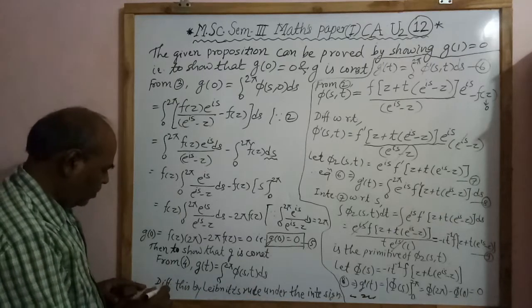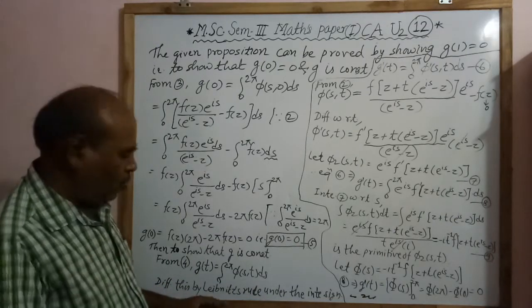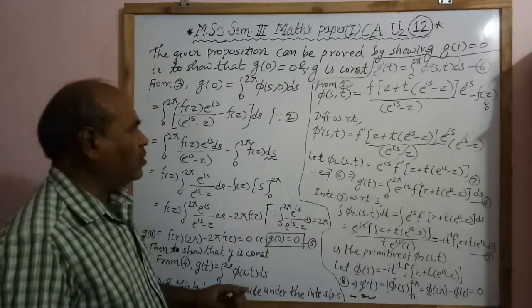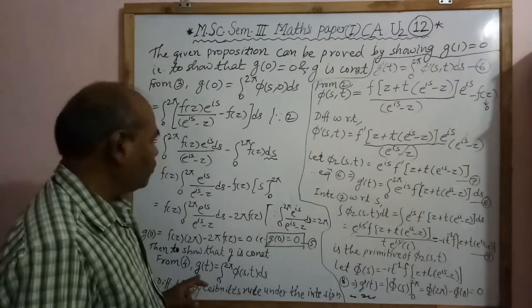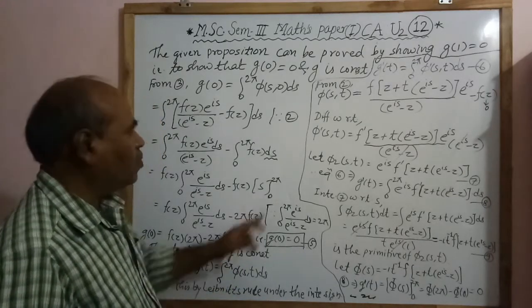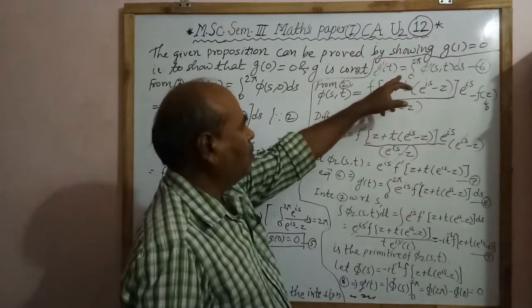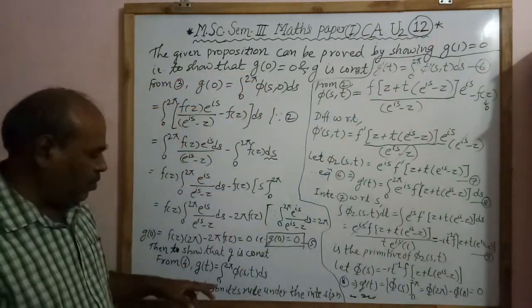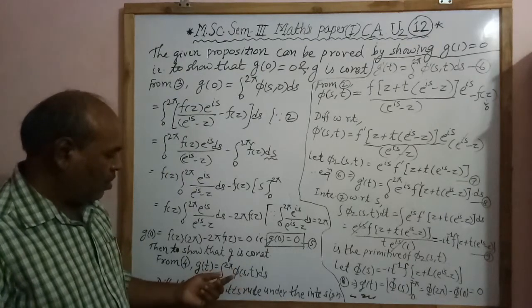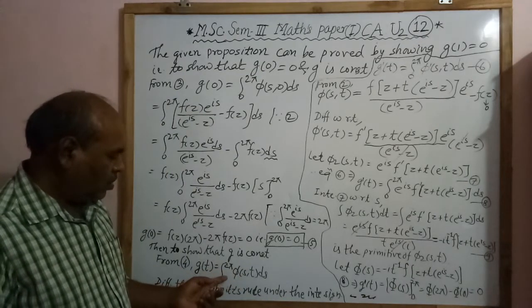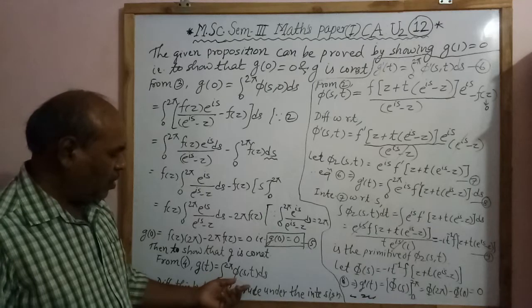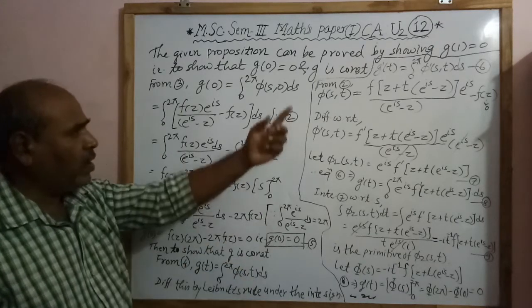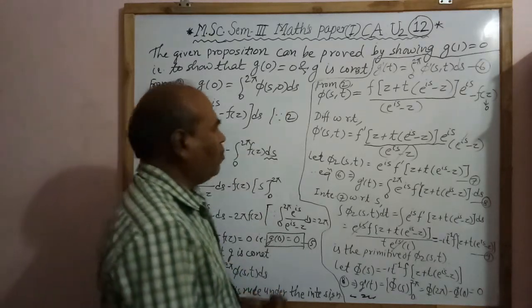Differentiating this equation by Leibniz rule under the integration sign, we have g dash of t equal to the integral from 0 to twice pi of phi dash of st ds. We differentiate under the integration sign, taking the derivative of phi of st.